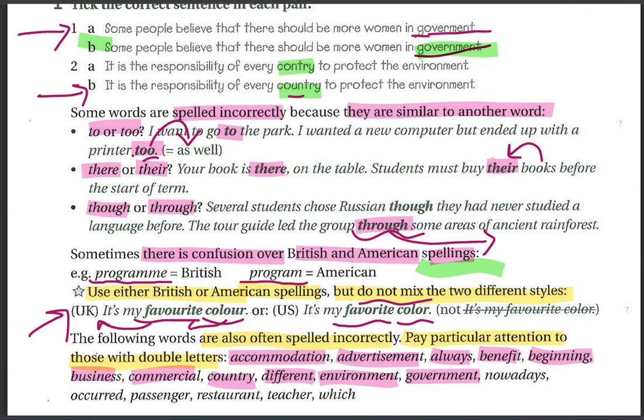In these two, because the N is not pronounced, some English learners forget to write it. Nowadays, occurred, passenger, restaurant, teacher, and which. So be careful about the spelling of these words.